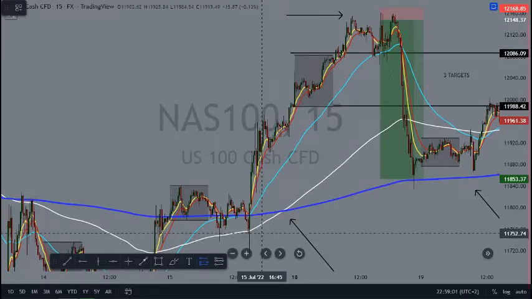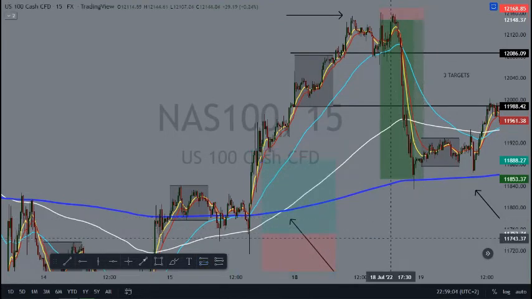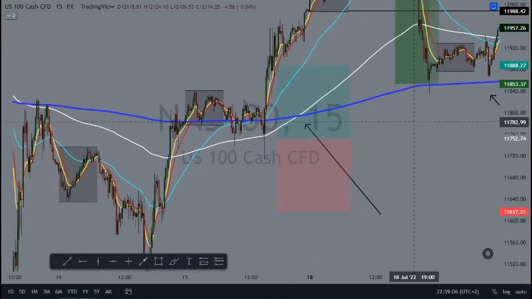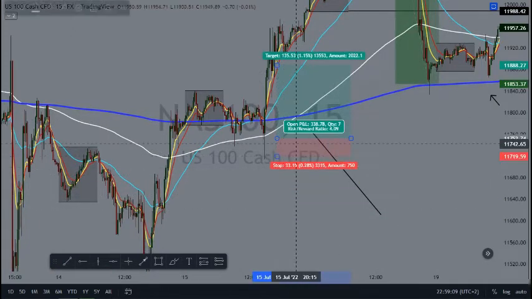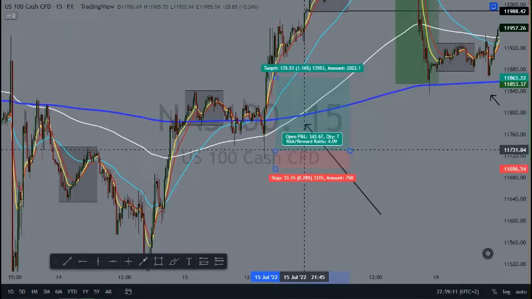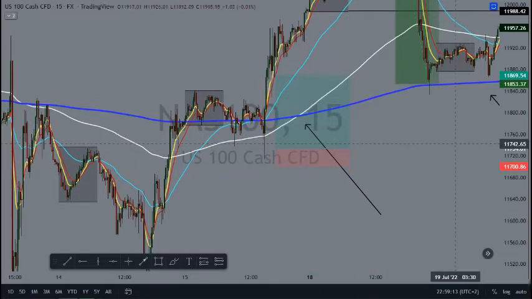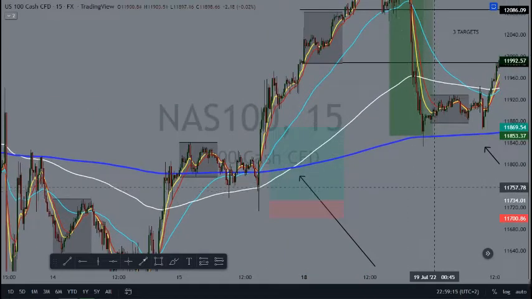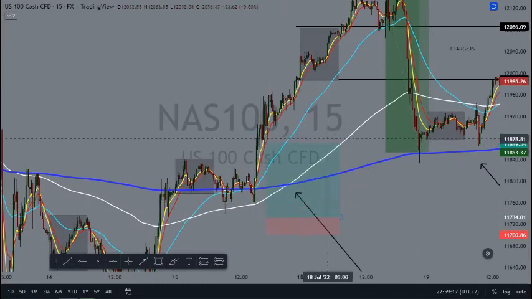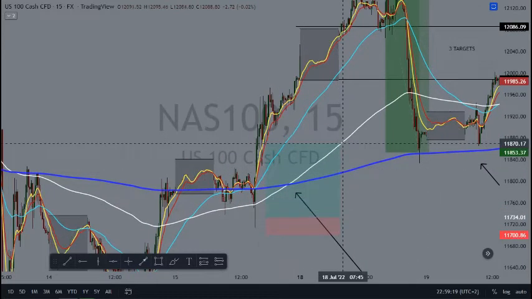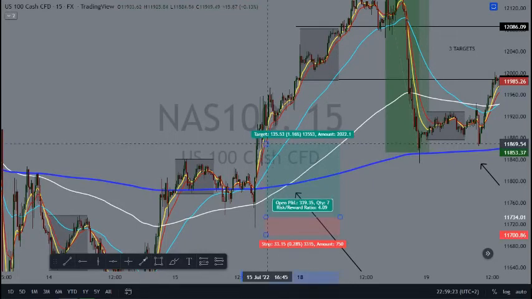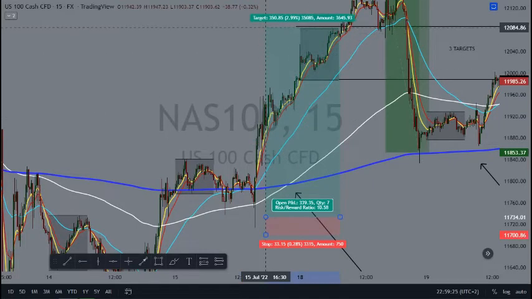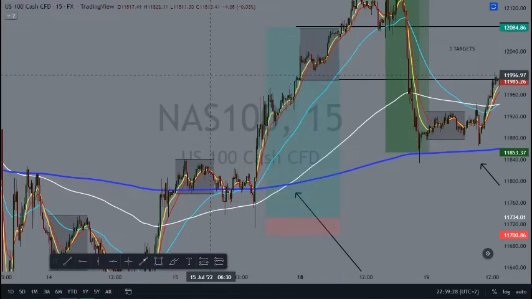I think we bought this trade somewhere around this area, and then we risked a small percentage of our account. We took a small percentage of this account, and then the market shot up to this zone.